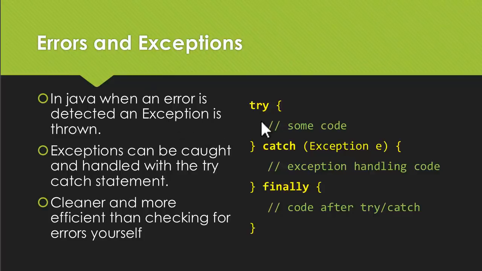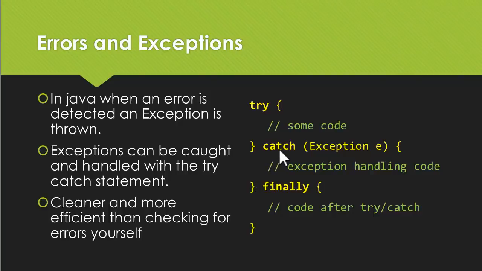If we want to handle our exception, the code that possibly could generate the error should be surrounded by a try block. You can see I have a try keyword and then a block. If I put the code between these two curly braces that has a potential to raise the exception or throw the error, as we say, if I put the code in there, when the error occurs, rather than terminating, the code will jump down to this catch block, where I can then do something with the exception that I've caught.